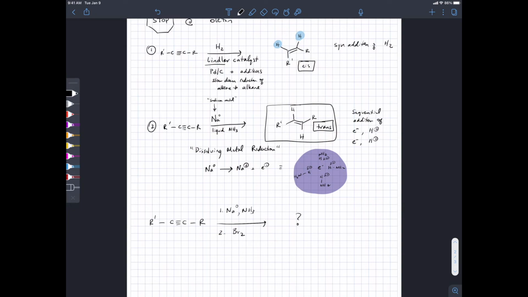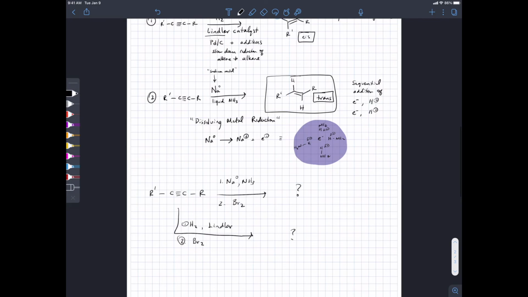And being able to follow through the stereochemistry there and contrast it with what happens if I simply do hydrogen and Lindlar catalyst to get the cis-alkene, and then I brominate, then what happens?